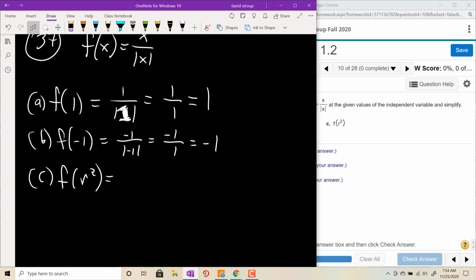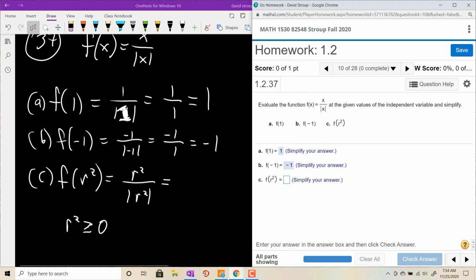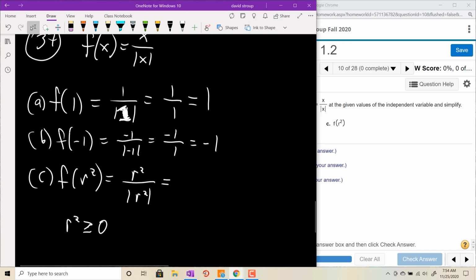Part C, we want f of r squared. Just plug in r squared where we see an x. And believe it or not, anything that's squared will always be greater than or equal to 0. Of course, we want to avoid 0 for r. It doesn't say anything about that.